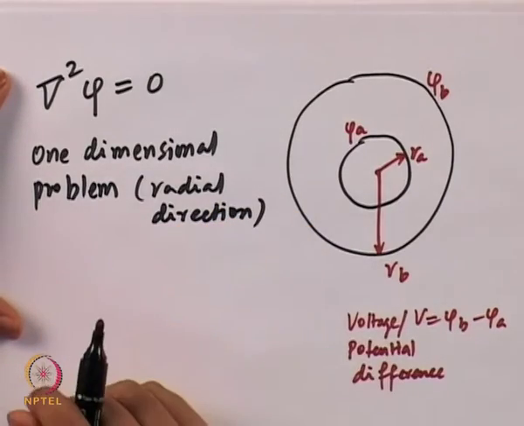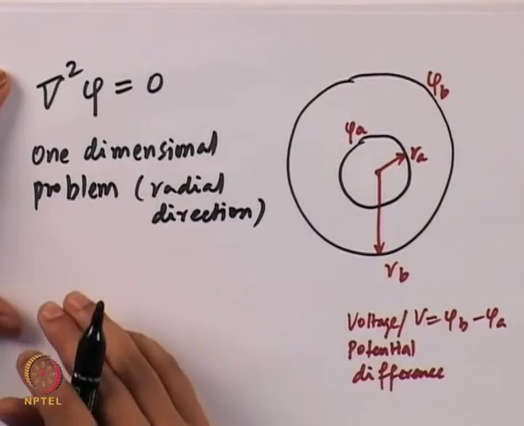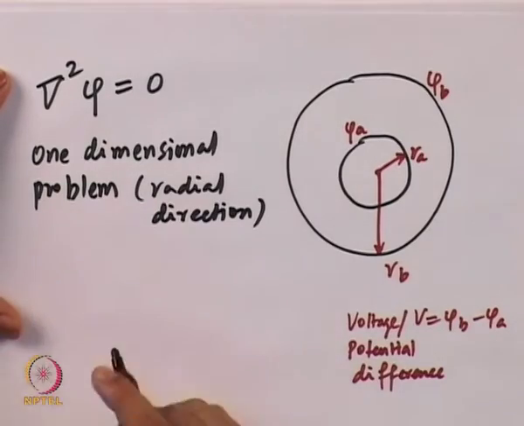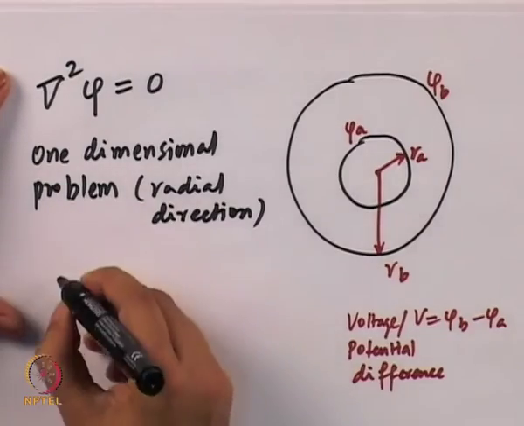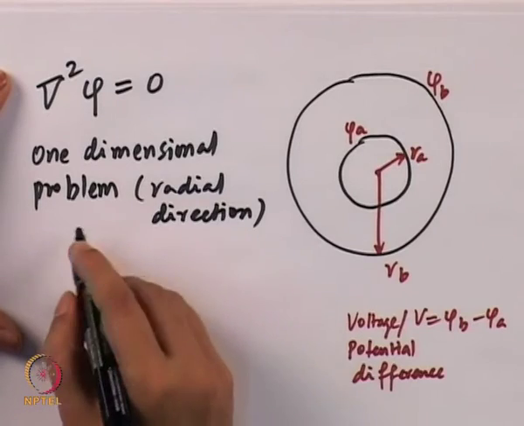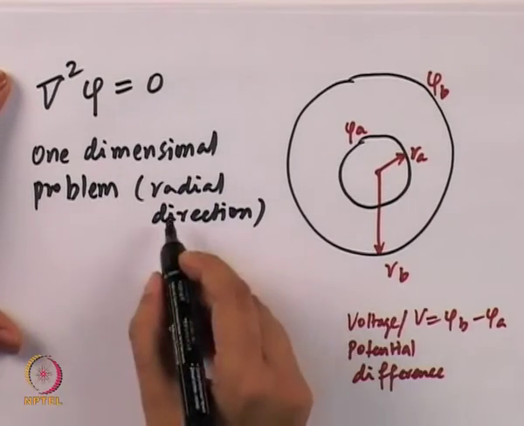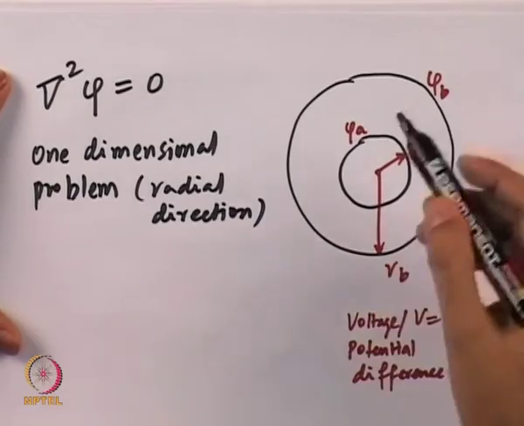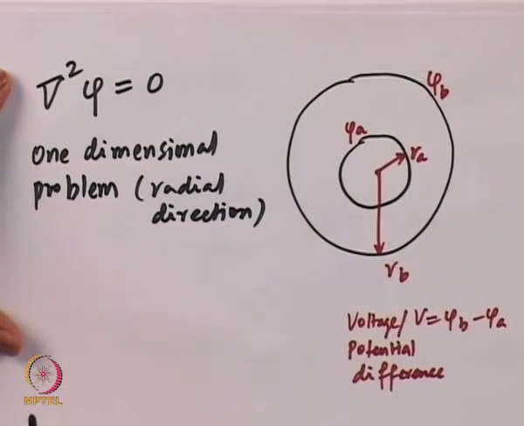So let's start looking at it from a simple Cartesian coordinate, and then we will extend it to the radial coordinate. So let's assume we are having a one dimensional problem in x. For the moment we will not worry about whether it is radial or x direction. For us it is a one dimensional problem.